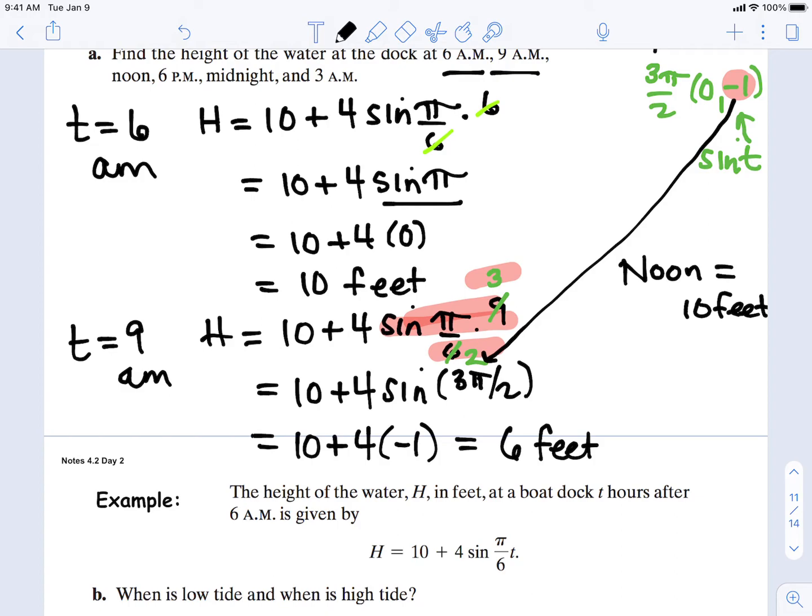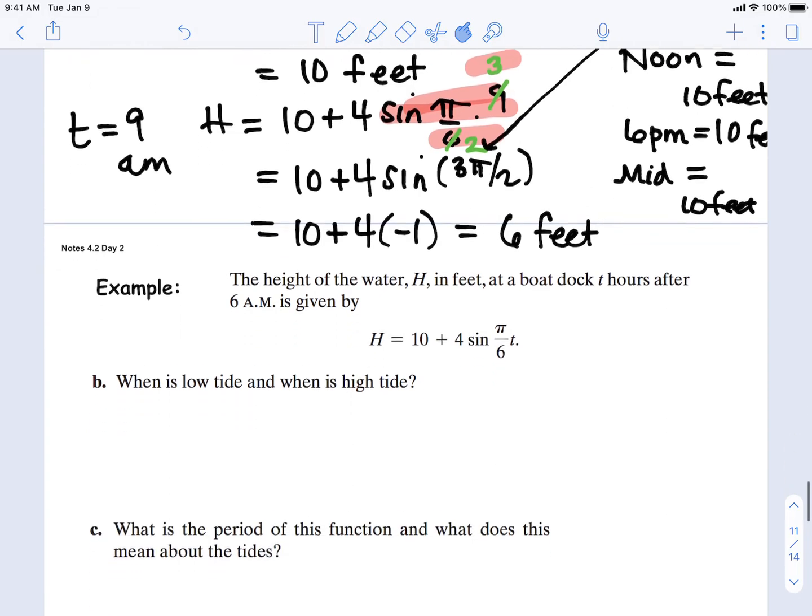At 6 p.m., we would get time of 12 hours, and we would get 10 feet. At midnight, which is 18 hours later, you'd substitute 18 in, and you would get 10 feet.